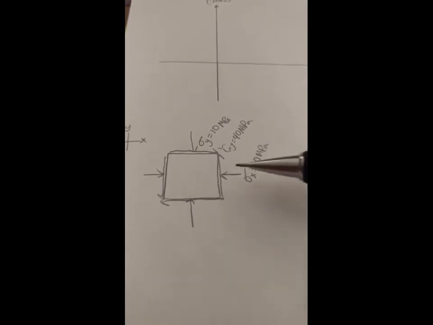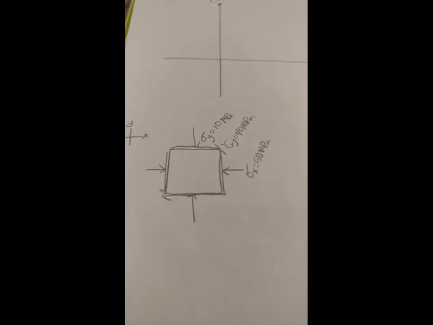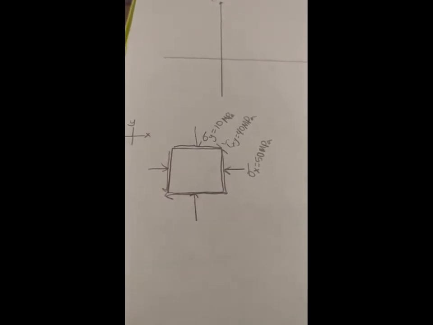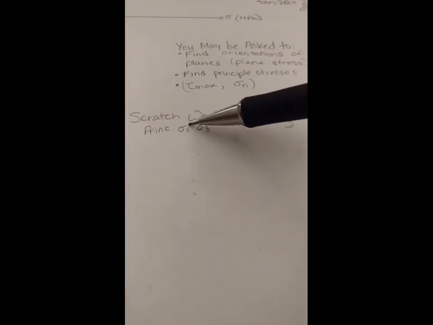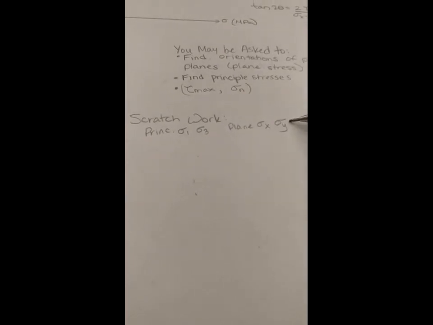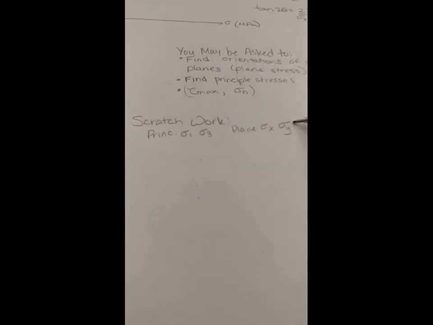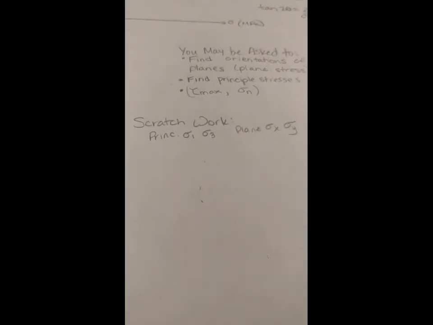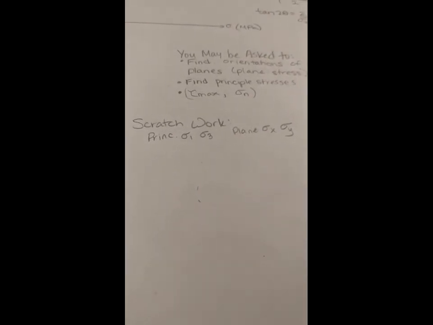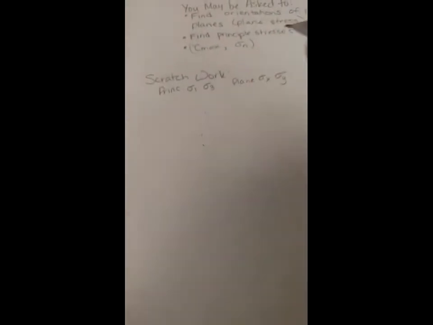Now you might be thinking, well, these are pointing really directly at that square or the box diagram. Why isn't that a principal stress? Well, a principal stress is going to be something called sigma 1 and sigma 3. That's what we're going to plot on that Mohr circle. A plane stress is going to be sigma x or sigma y, and these are going to help you find those principal stresses. So let's go ahead and first find the orientation of the principal planes.